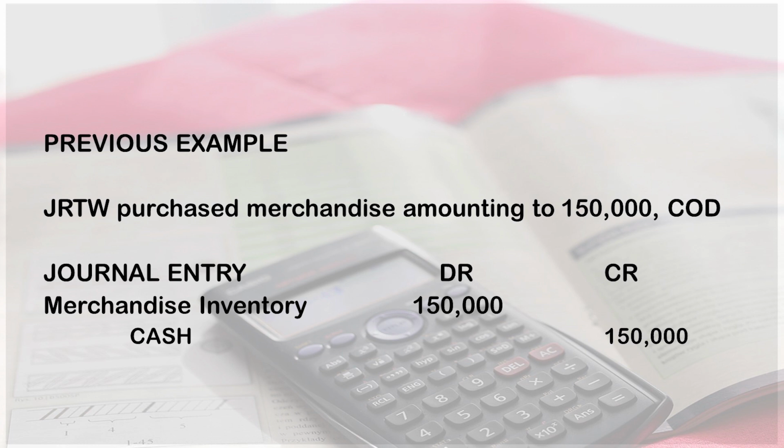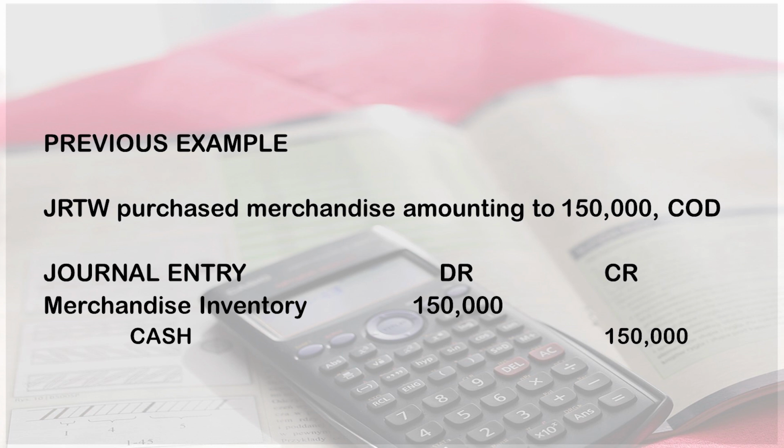To simply understand our rule number 3, let's have a simple illustration by taking up the previous transaction. JRTW purchased merchandise amounting to 150,000 for cash. Our journal entry is debit merchandise inventory of 150,000 and credit cash of 150,000.